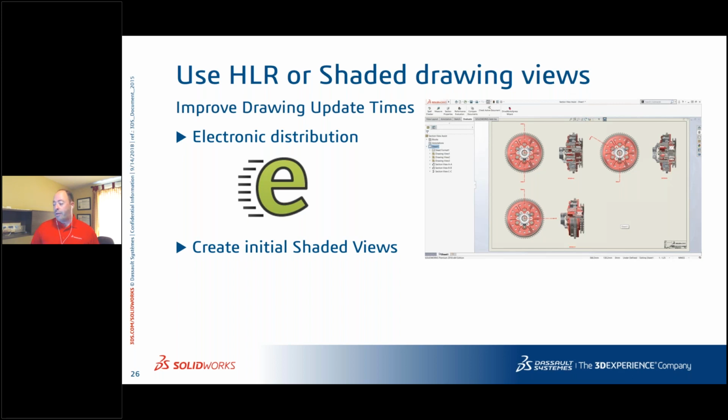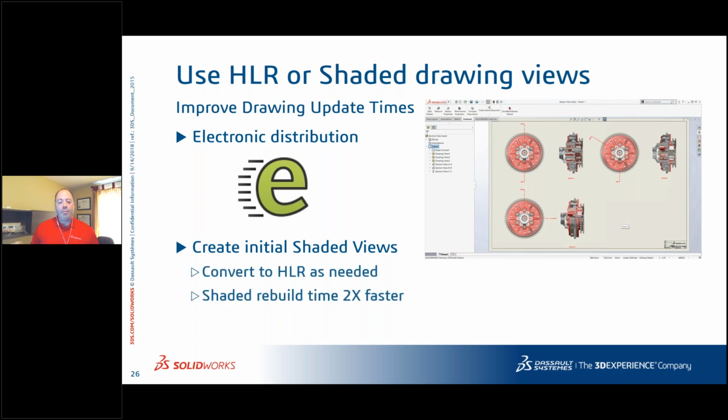So for example, this is actually a clutch assembly. I think it has about 50, 60 parts in it, 3 section views. I'm creating those views in shaded, no edges, because it's way faster to do it.